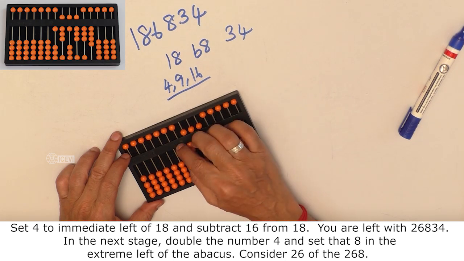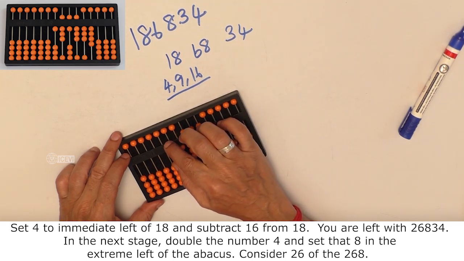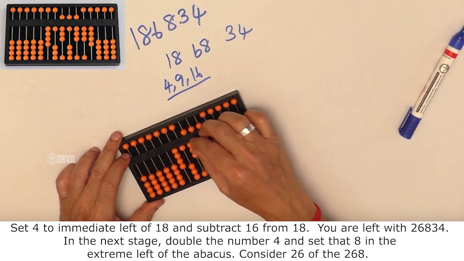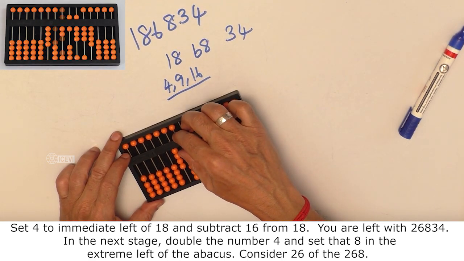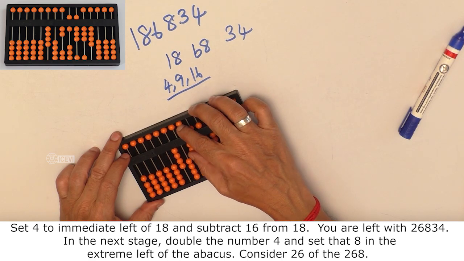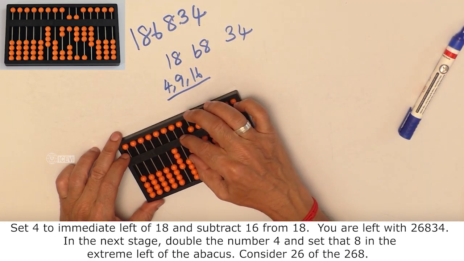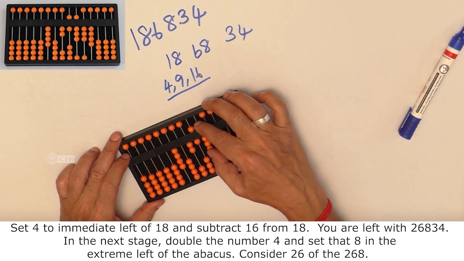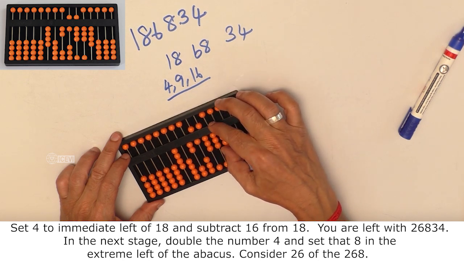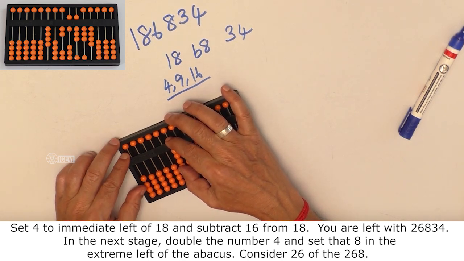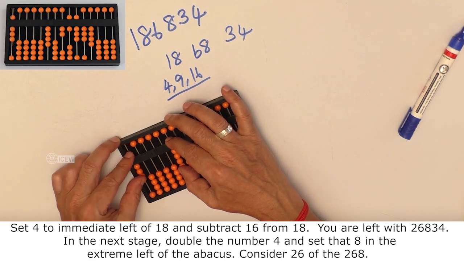Set the 4 to the immediate left of 18 and subtract 16 from 18. Now you are left with 26,834. In the next stage, double the number 4 and set 8 in the extreme left of the abacus.